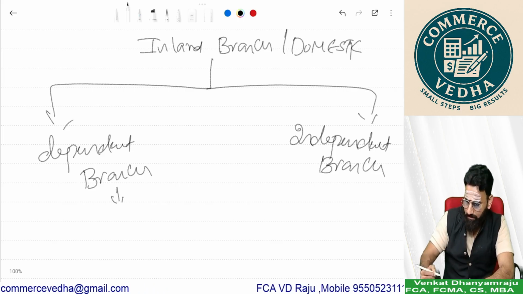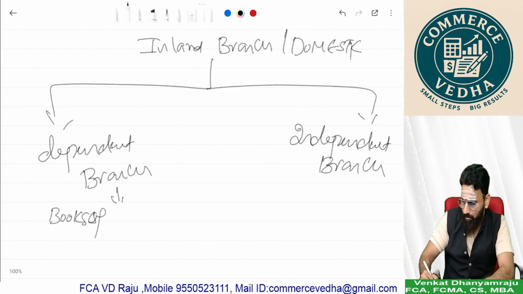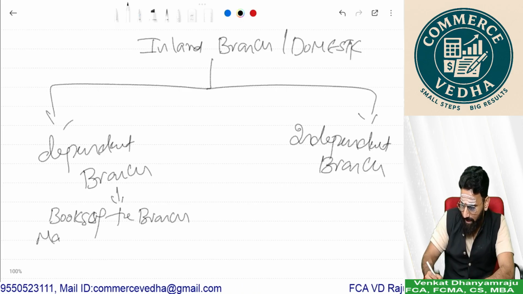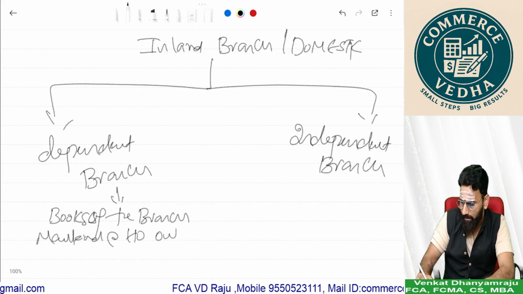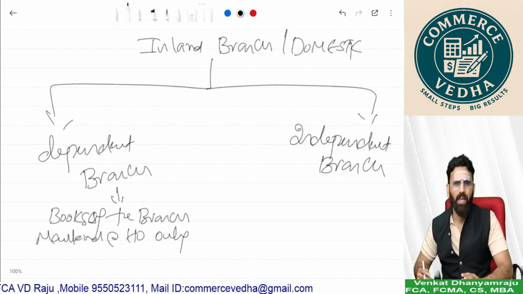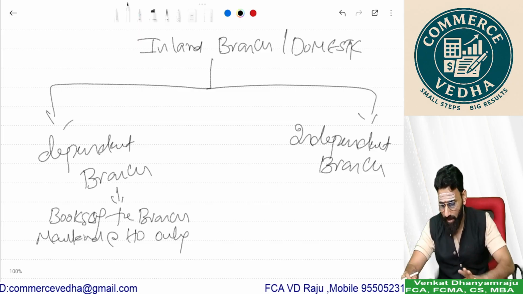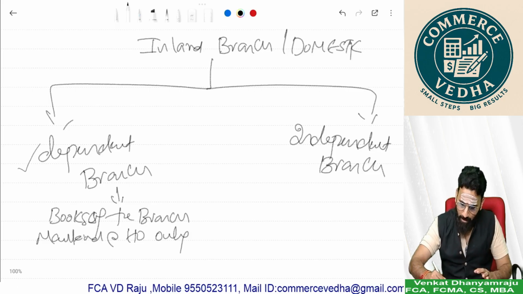In this case, the books of the branch are maintained at head office only. Technically like consignment, the branch only maintains a small record of transactions and sends it to head office. Head office maintains the books of accounts. It is called a dependent branch.